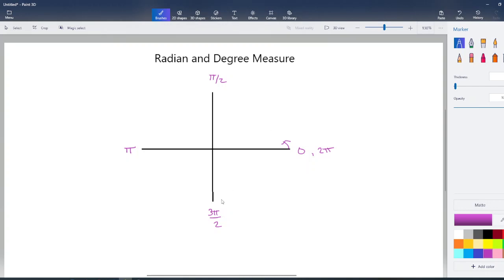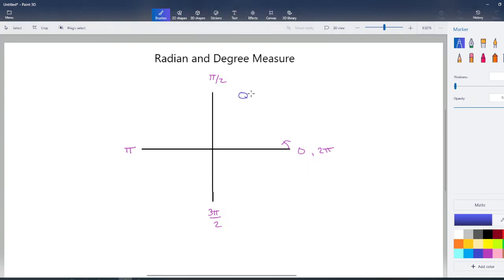So let's go ahead and talk about where in this we're going to fall if we have different angles. I just want to remind you guys of what the quadrants are labeled as.